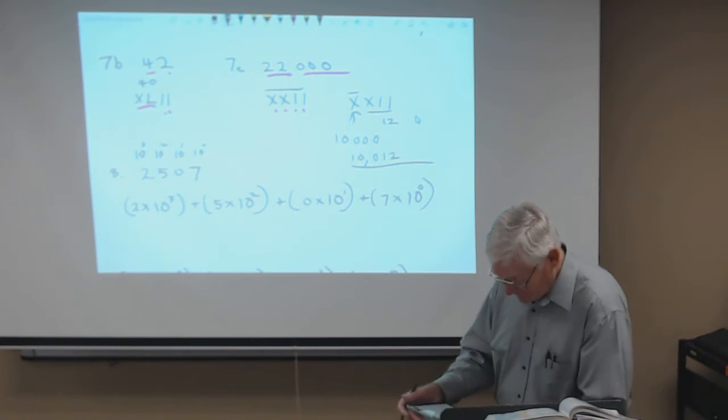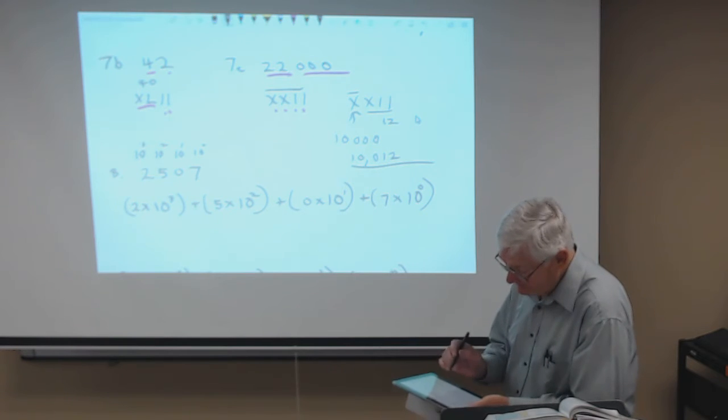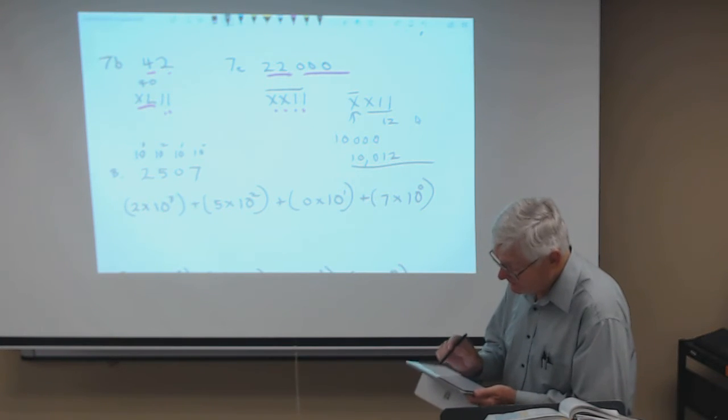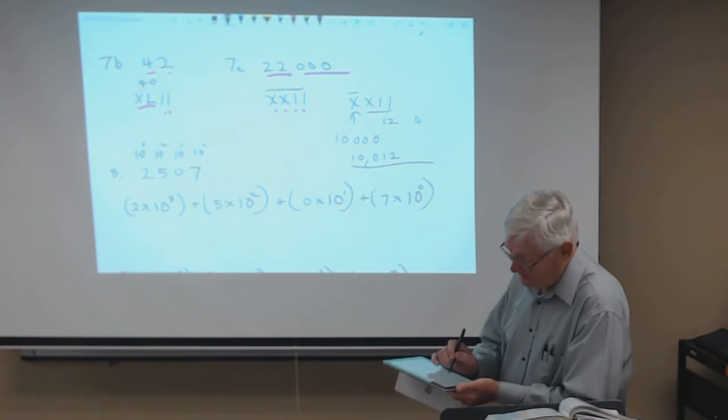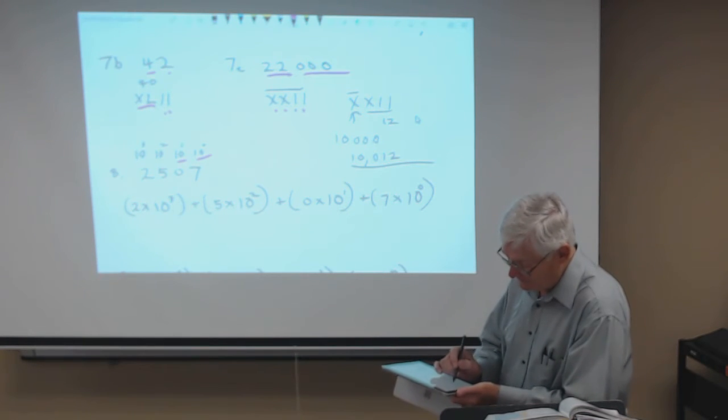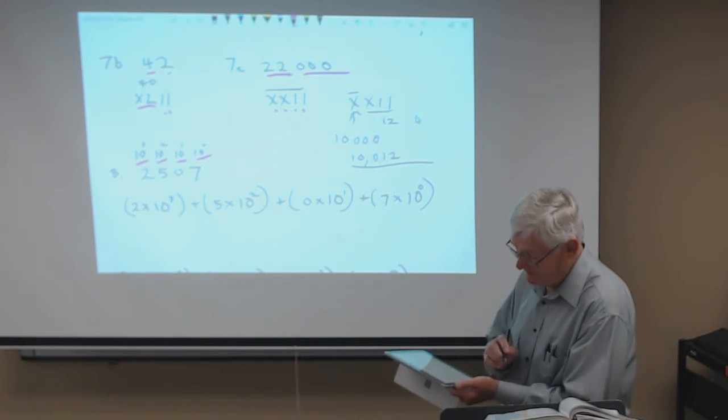Okay. So, what do we have here? Place values. 10 to the 0, 10 to the first, 10 to the second, 10 to the third.